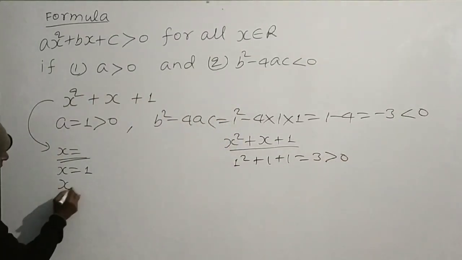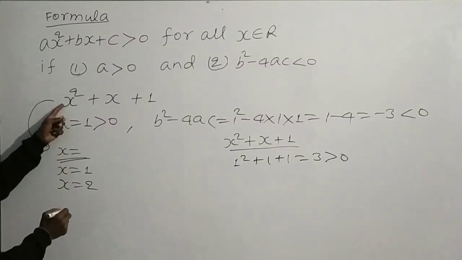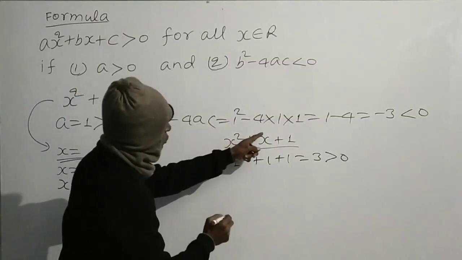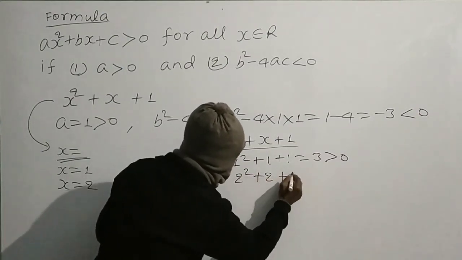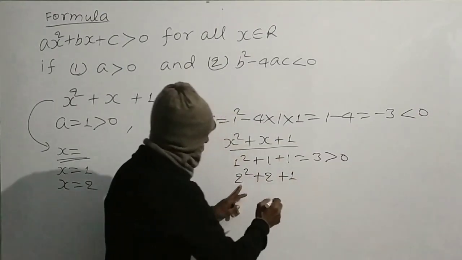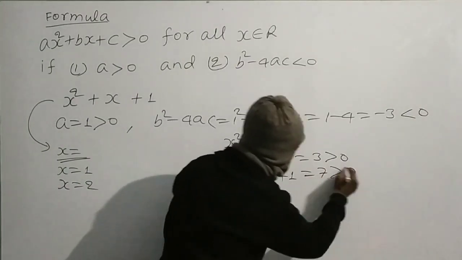If we put x is equal to 2 in place of x, then the value of x square plus x plus 1 will be 2 square plus 2 plus 1, 4 plus 2, 6, 6 plus 1, 7, which is positive.